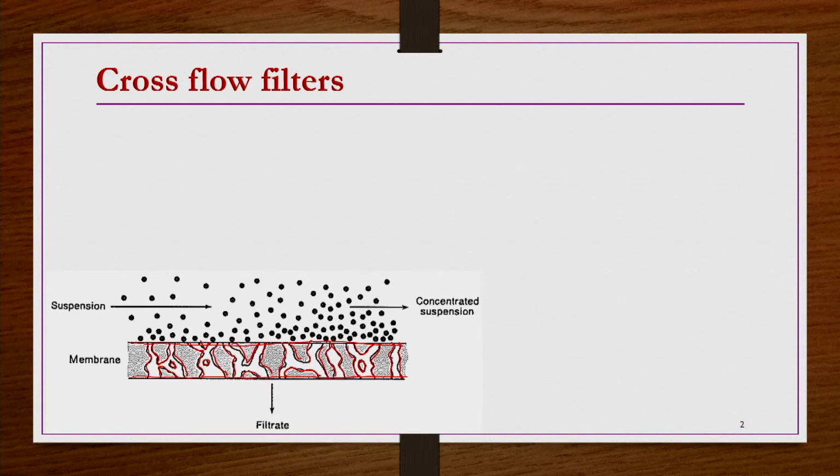And cake filtration, we have seen, is in general used for coarse particles and a large amount of solids in the slurries or suspensions. But we do cross flow filtration especially when a small amount of fine particles is present in the slurry.